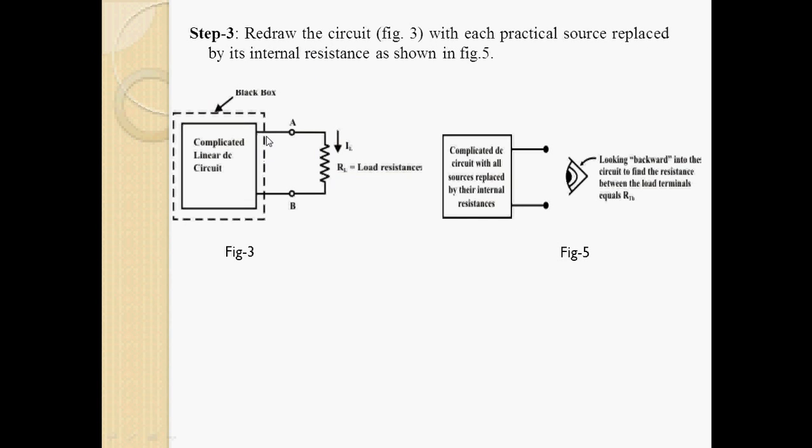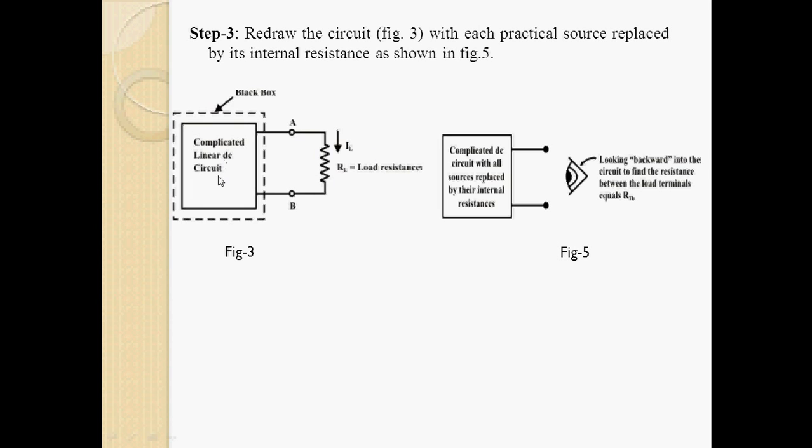Now for RTH, what do you have to do? This is step 3. Replace the voltage source and current source by their internal resistance. Within this box is our circuit, and this is the load side.